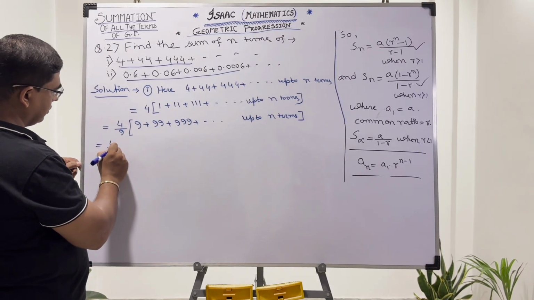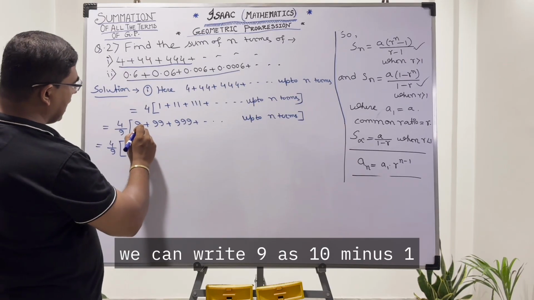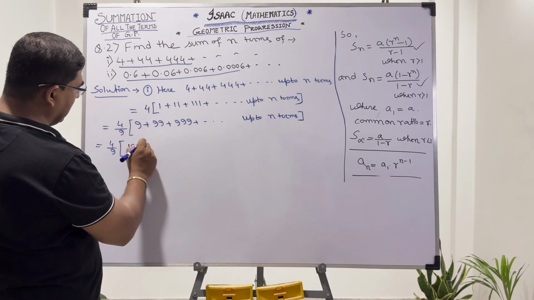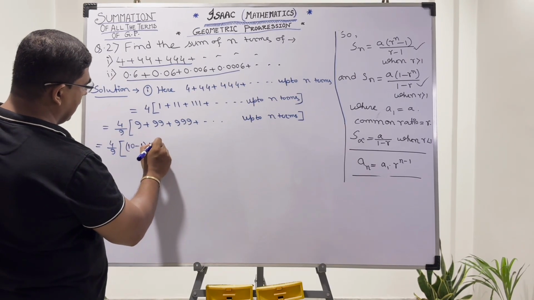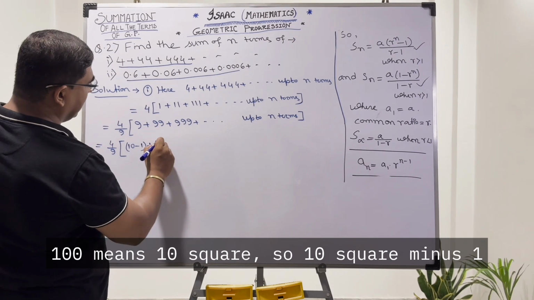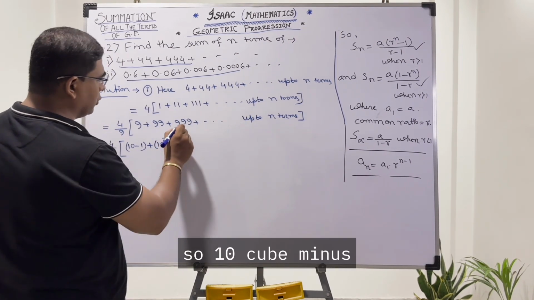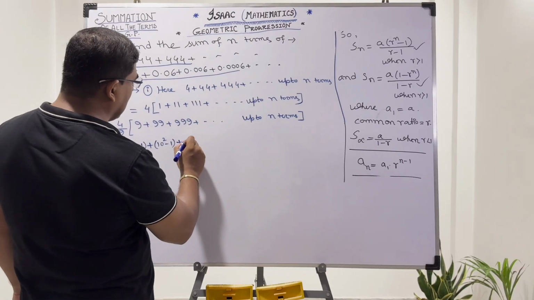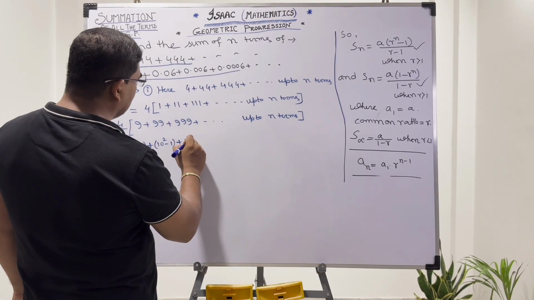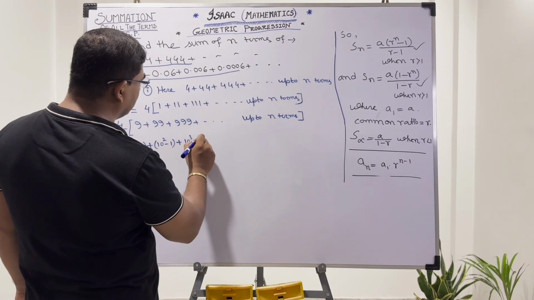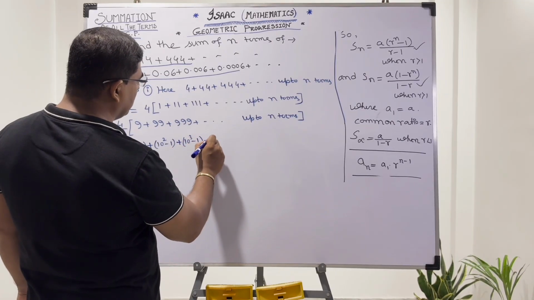Now we can write 9 as 10 minus 1, 99 as 100 minus 1, 100 means 10 square, so 10 square minus 1, 999 as 1000 minus 1. 1000 means 10 cube. So 10 cube minus 1.